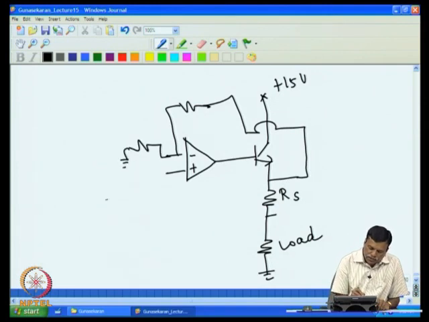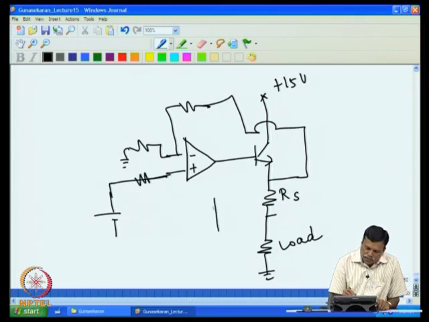This I connect to ground. Then I pick up the voltage at this point, put a follower, then connect this one to this.